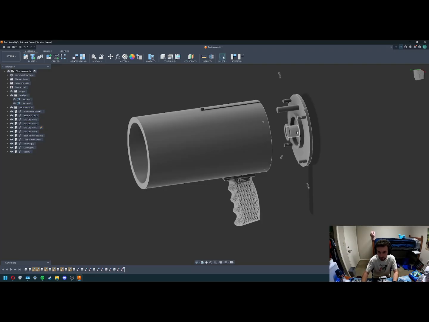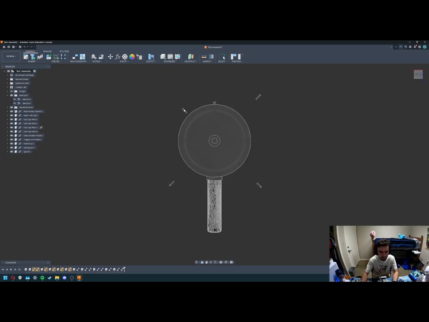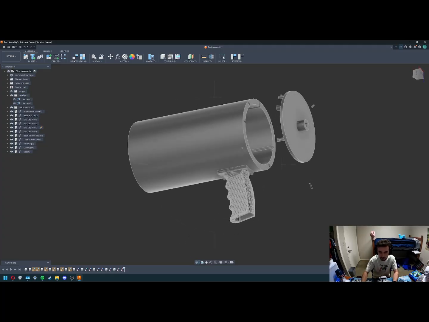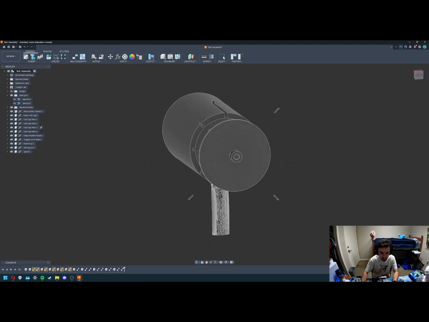The spool sits in the middle of the end cap, and as you can see, these pins fit into those little pegs right there. So I'm just going to move this back out.